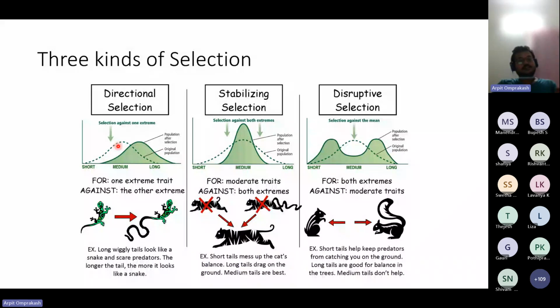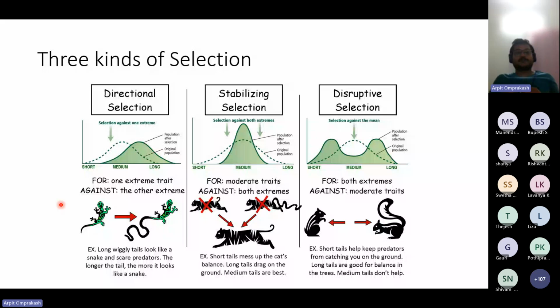In directional selection, what happens is the mean of the population is shifted in one direction. So basically, due to selection, there's an increase in the tail length. For example, let's say we are talking about these lizards, they have tails, and if they have very long tails that are wiggling when they're walking, it looks like a snake and it scares away their predators.